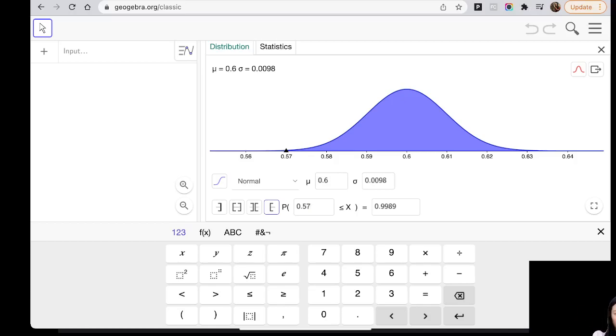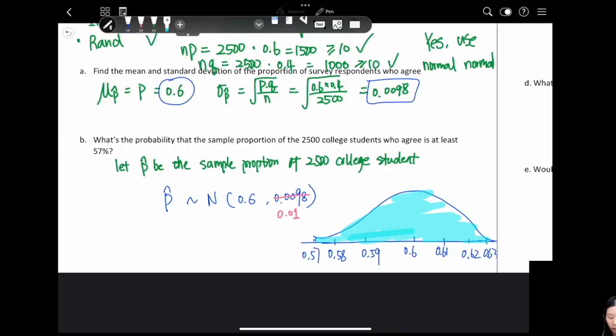Because this is greater than the third standard deviation. So we have the probability of p hat greater than or equal to 57% equals 0.9989, which is 99.89%.